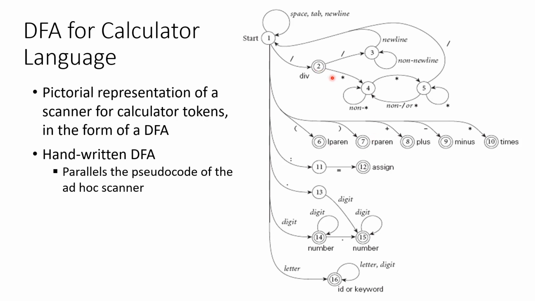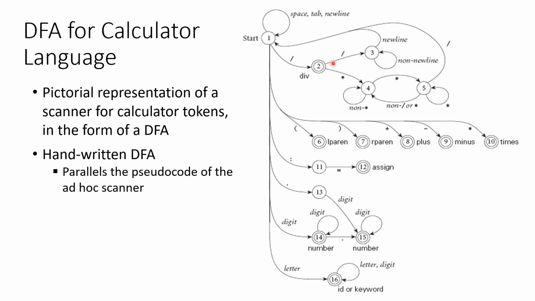Comments, when recognized, will send the scanner back to the start state rather than a final state. So here at the start state, if it sees the forward slash, then it will enter state 2, which is the final state for the token div.